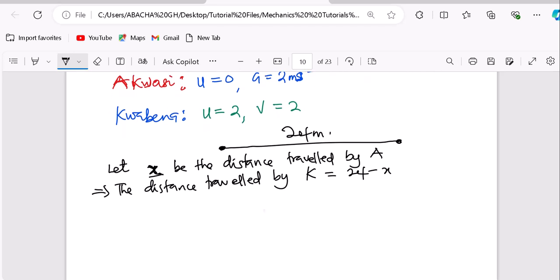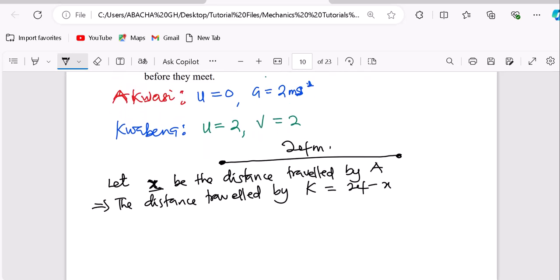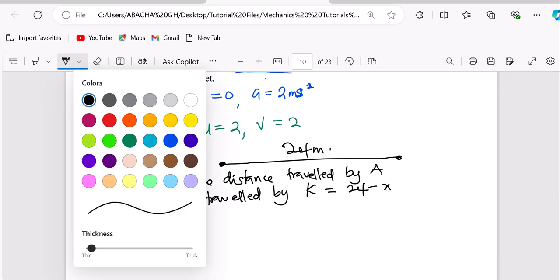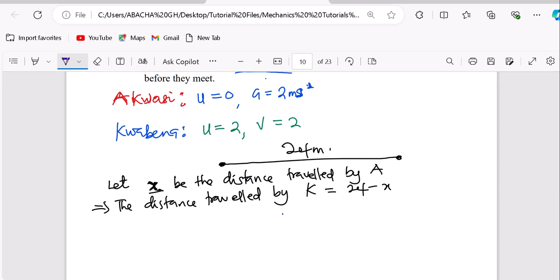Good. So now let's go for Akwasi. Akwasi's initial velocity is 0. We don't know his final velocity, so we can go for this formula: s equals ut plus half at squared.